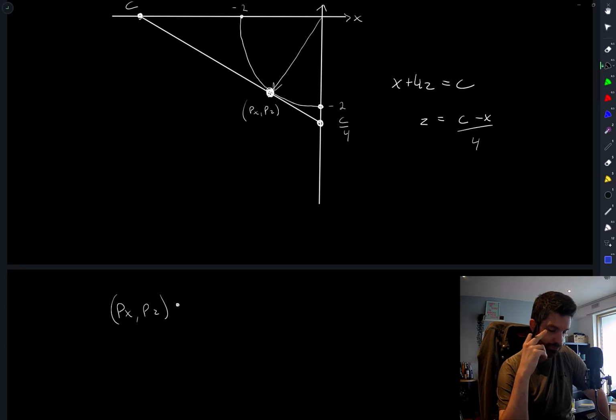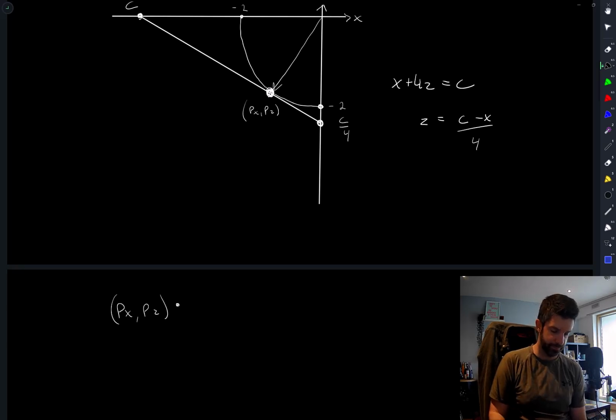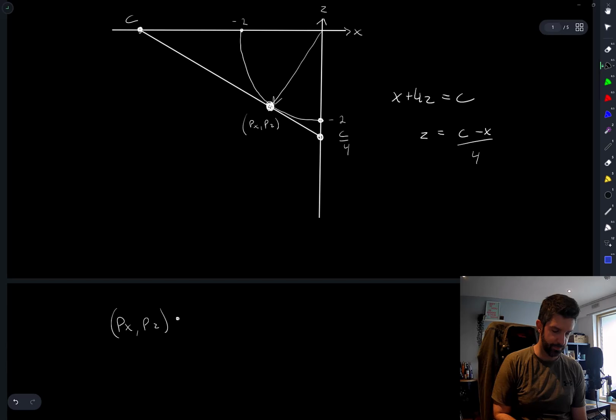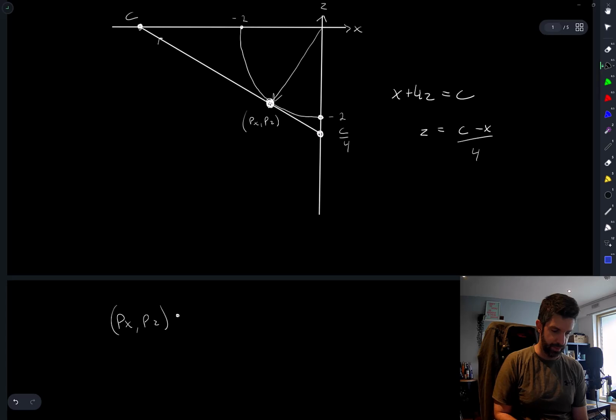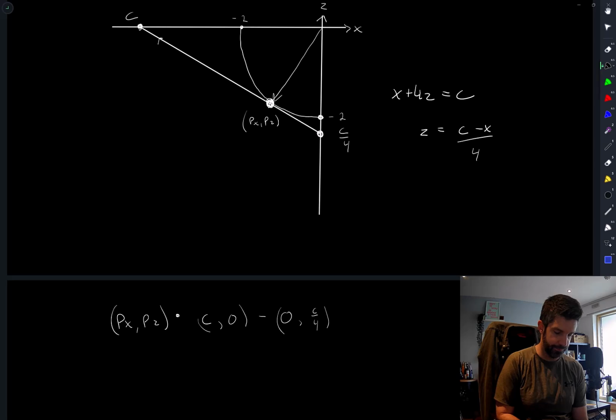Maybe that would be a faster way of doing this. And this vector here, that's going to be c comma 0 minus 0 comma c over 4.